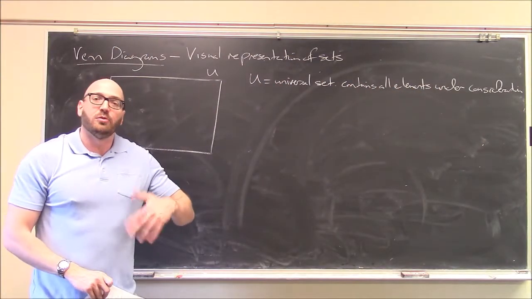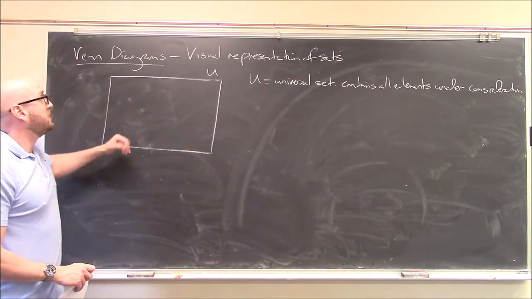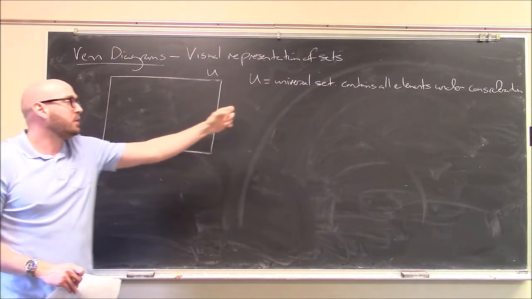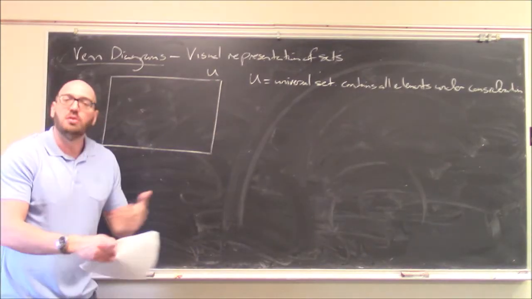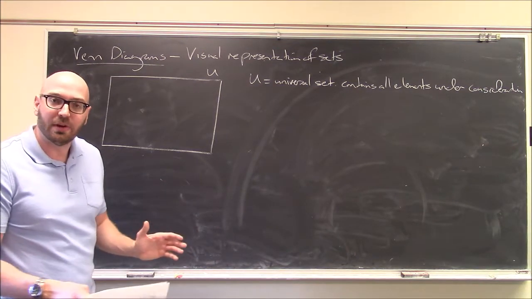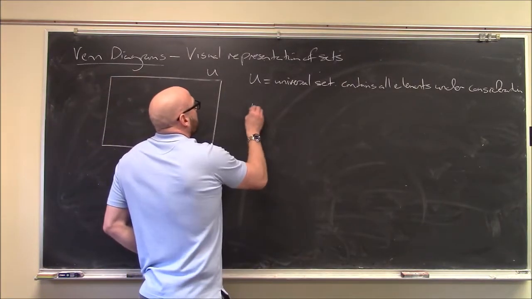So a Venn diagram is a really nice pictorial way of visualizing sets, and usually what you'll have is some sort of square box that's indicated as U, and U is what's thought of as the universal set. The universal set contains all of the elements that we might be interested in in the situation at hand. So for example, suppose I go with the following.